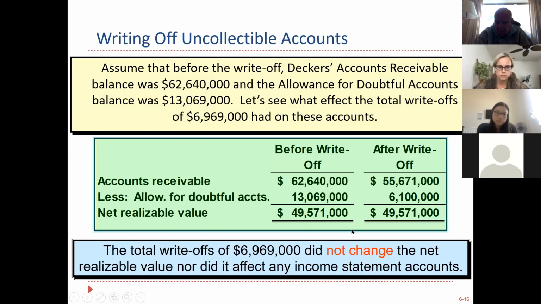The key point is writing off an account has no real effect on anything. Writing off an account does not affect your income statement, and it really doesn't affect your balance sheet in the sense that the net receivables remain the same. All we did was move this part of receivables into here.